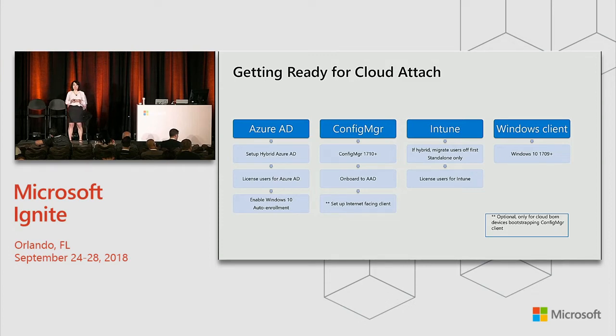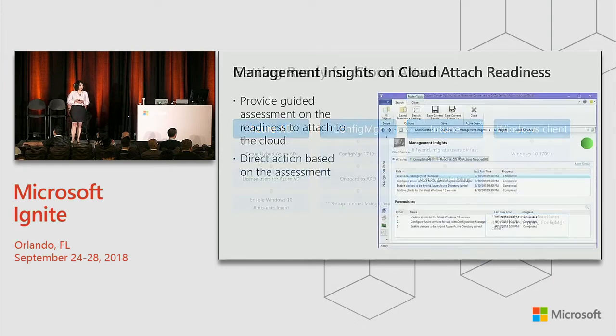As we know, some customers are still in the legacy configuration of having Intune hybrid. They need to first migrate off of the Intune hybrid configuration to make sure their users are set to MDM authority being Intune standalone in order to get co-management. They also need to license the users with Intune. For Windows, the minimum OS needs to be Windows 10 1709 or above.